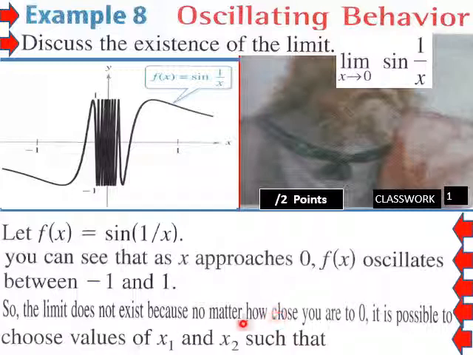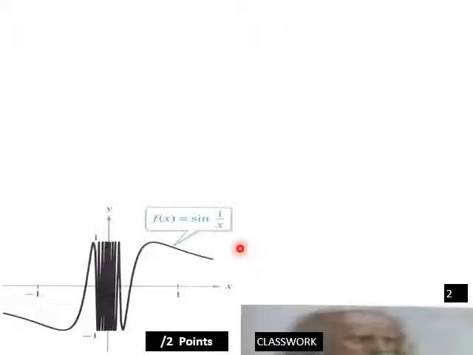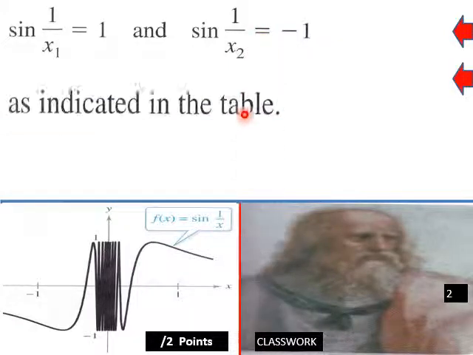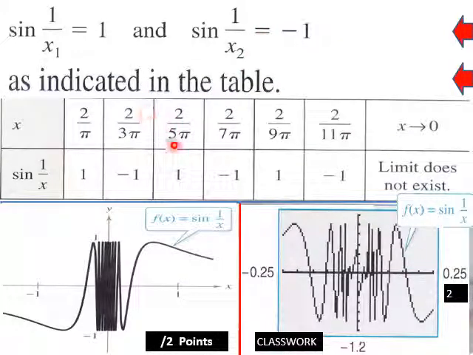it is possible to choose values x1 and x2 such that sine of 1 over x1 could equal 1, and then sine of 1 over x2 could equal negative 1. So it could be either one of those, as indicated here by the table. For sine of 1 over x, we have 1, and then negative 1, 1, negative 1, 1, negative 1.